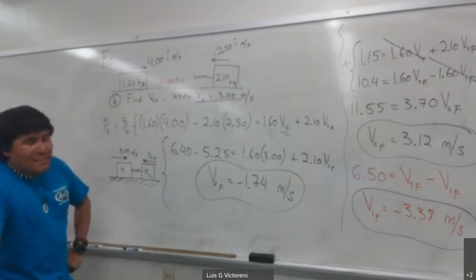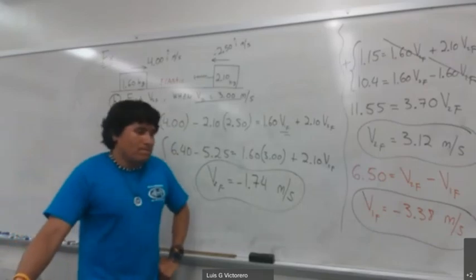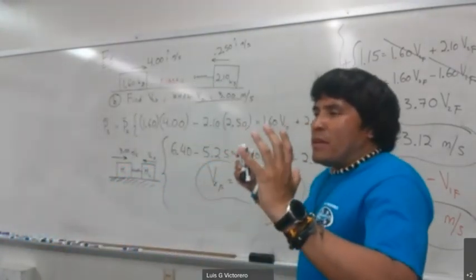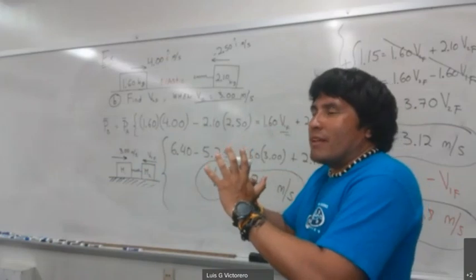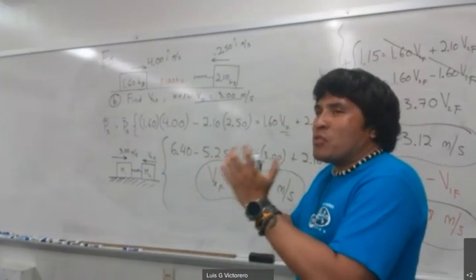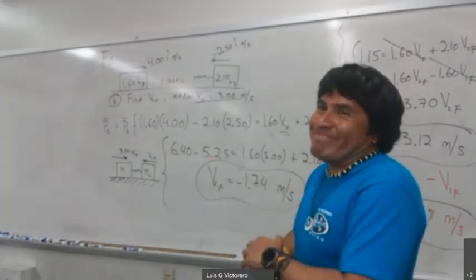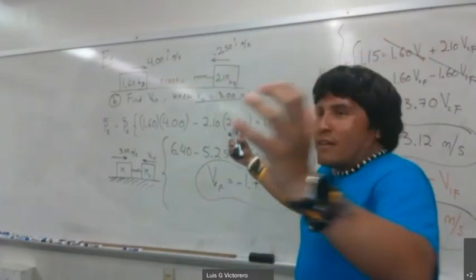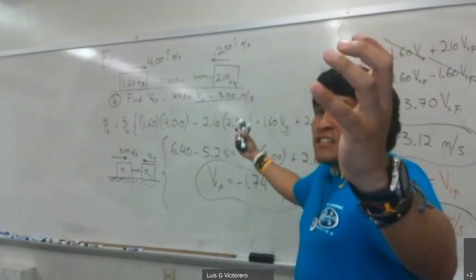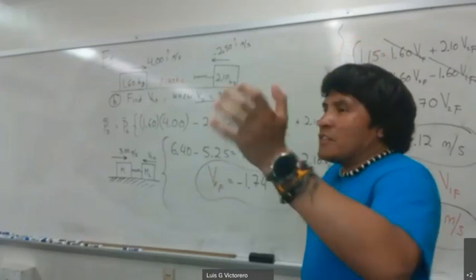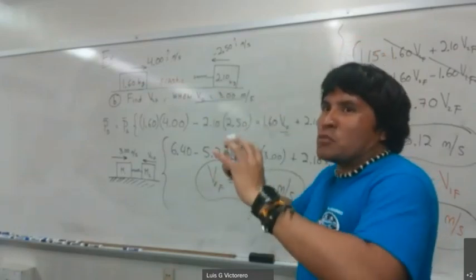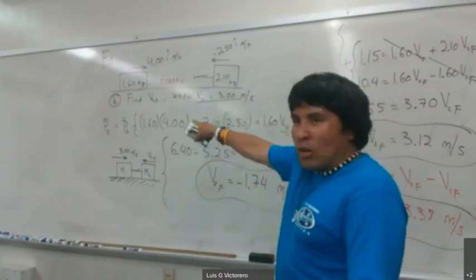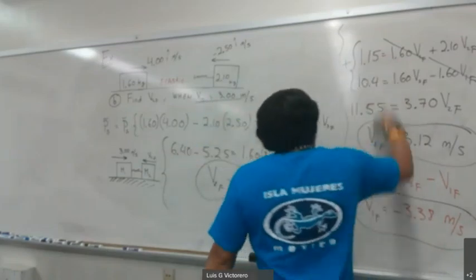So guys, even though this is an elastic collision, at the moment where the spring is being compressed, that spring is absorbing energy of the collision. Only when the spring is totally unstretched is when the energy goes back to kinetic, right? That's why I was able to find it with this condition.